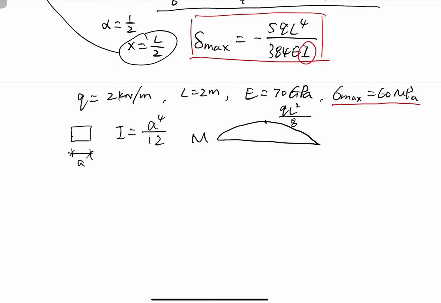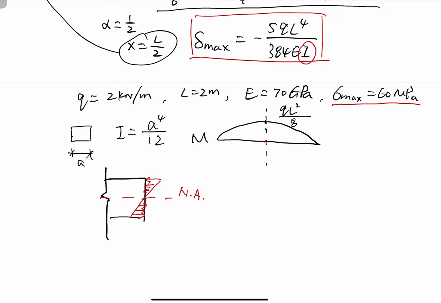This is the maximum bending moment. Once we know it, if we cut the beam at mid-span, we know the stress distribution on the cross section is like this. This is the neutral axis. At mid-span we have the maximum bending moment.